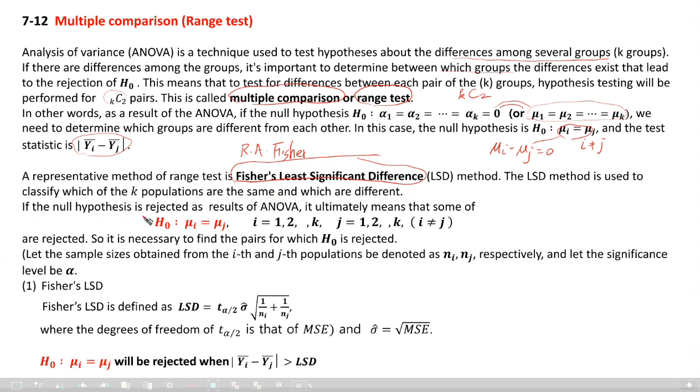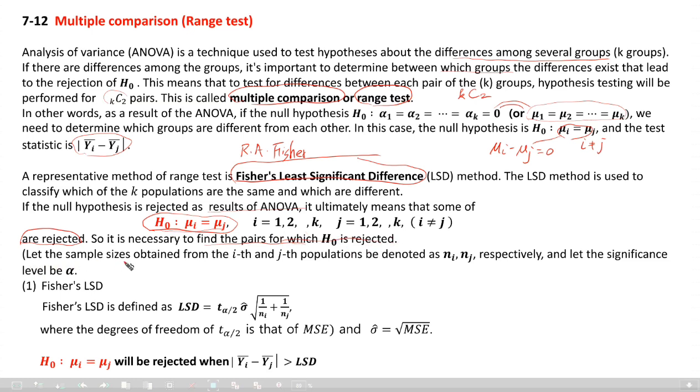If the null hypothesis is rejected as a result of ANOVA, it ultimately means that some of these hypotheses are rejected, so it is necessary to find the pairs for which H0 is rejected.